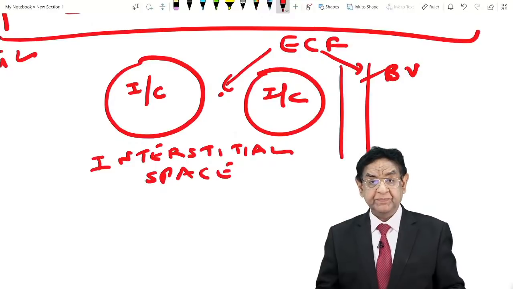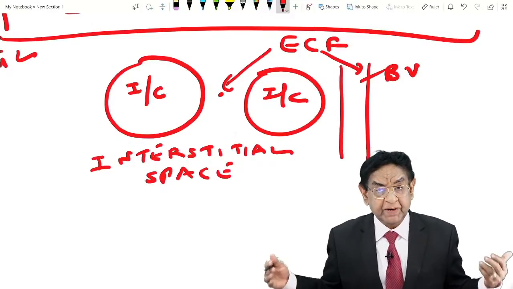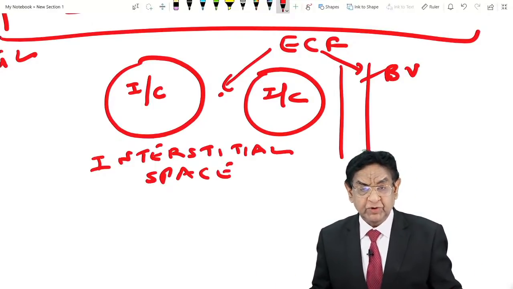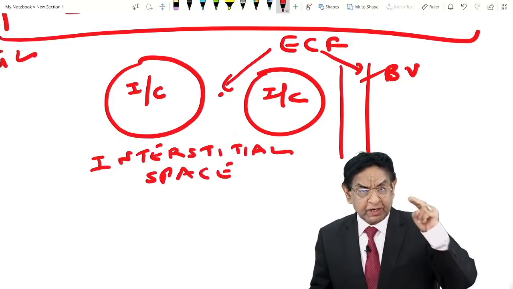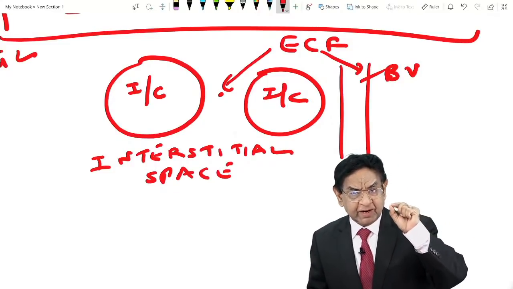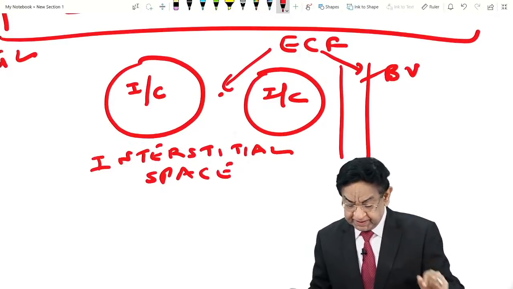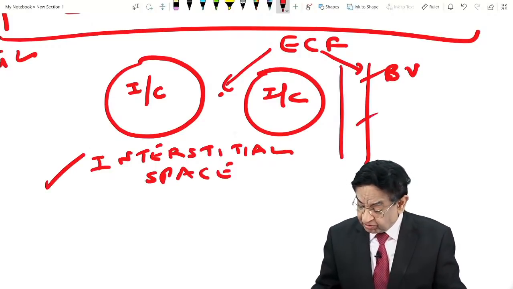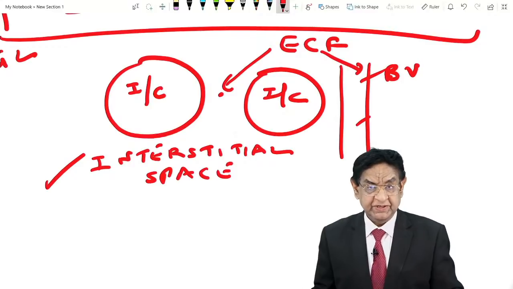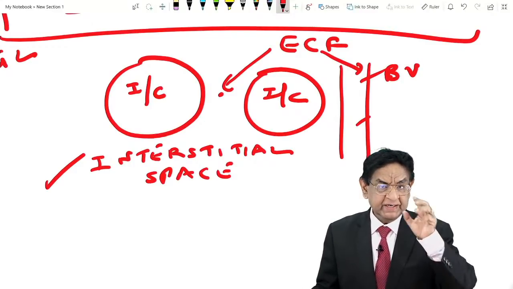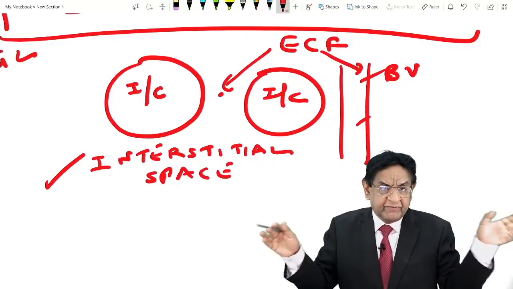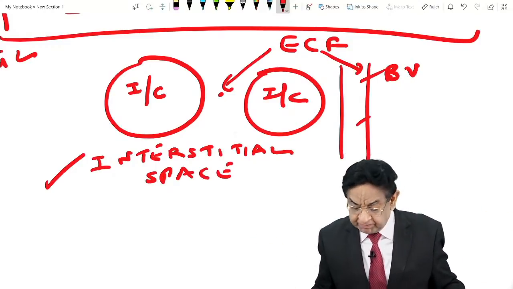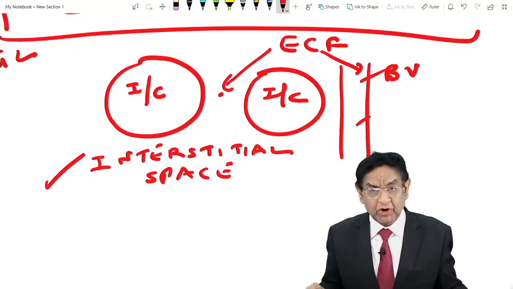That means in the blood, whatever fluid is flowing is all extracellular. So now we are clear that extracellular fluid means either interstitial space or blood vessel. Intracellular and extracellular, with extracellular further divided into interstitial and the blood vessel, so-called blood volume also you can say.